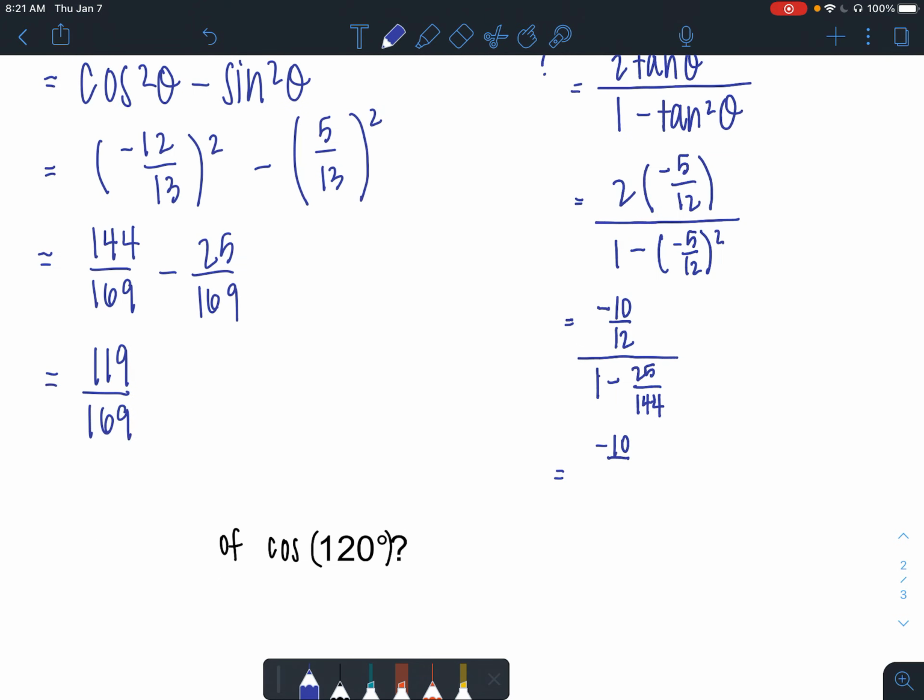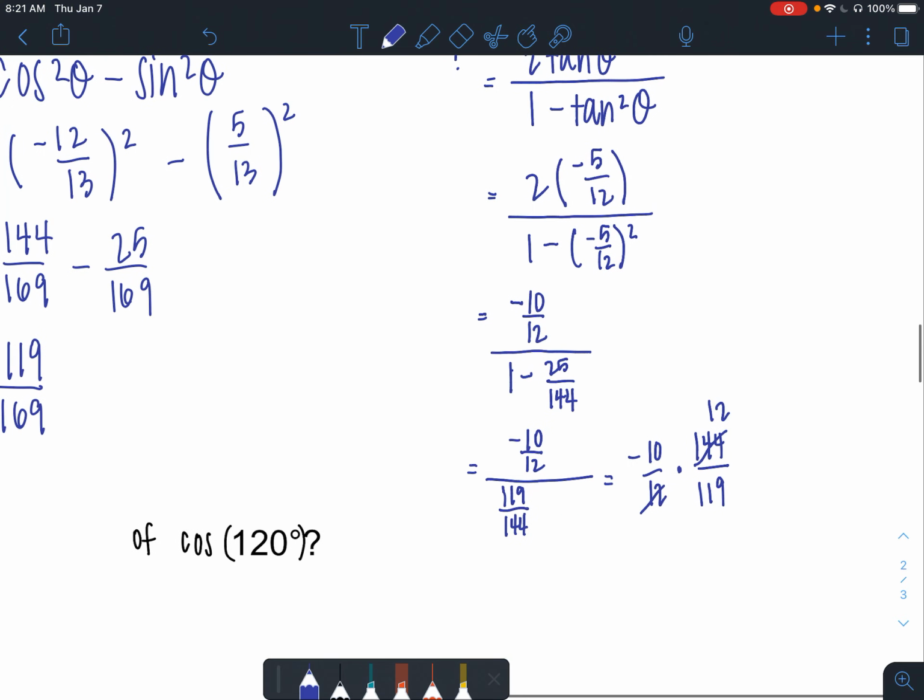So we get, simplify again, negative 10 over 12 all over 119 over 144. And then to simplify further, negative 10 over 12 times 144 over 119. This cancels, we get 12 and nothing.